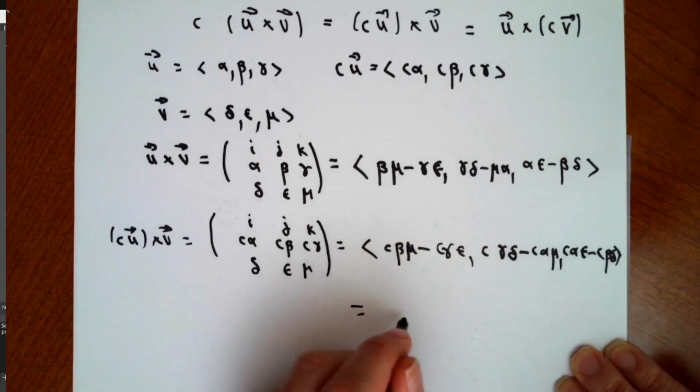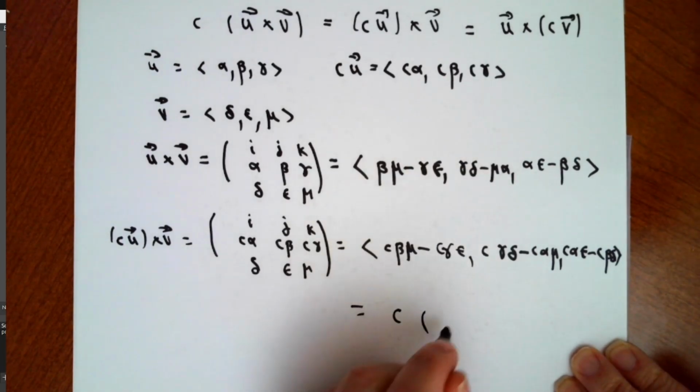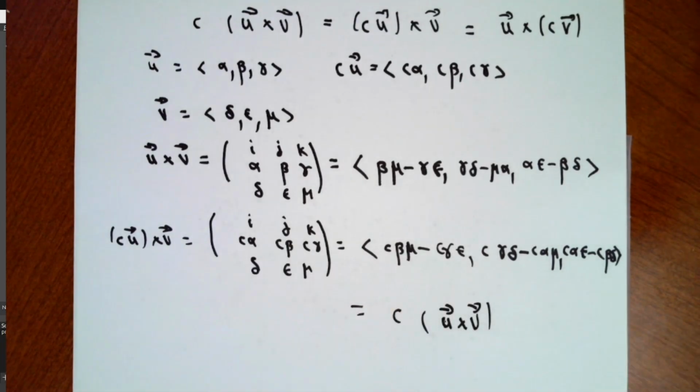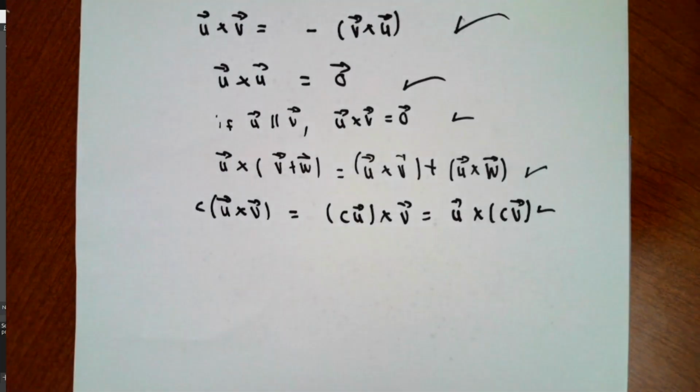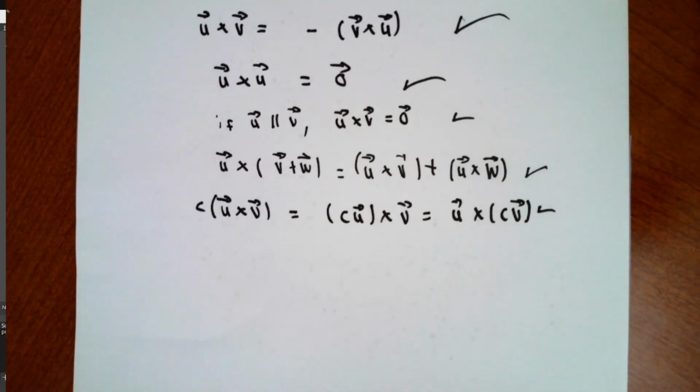This vector is the same as c times that vector. It's the same as c multiplied by the cross product of u and v. So we can now put this fact on our list of things we know for sure.